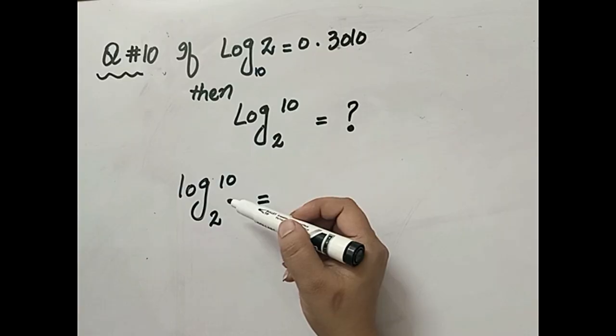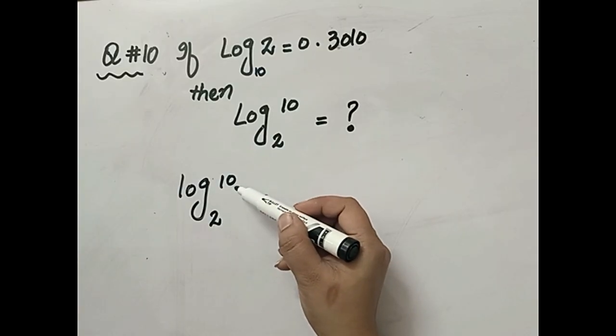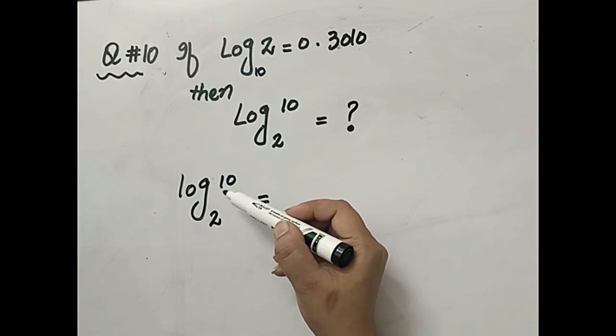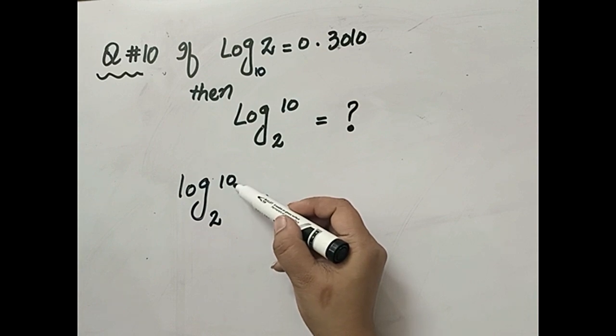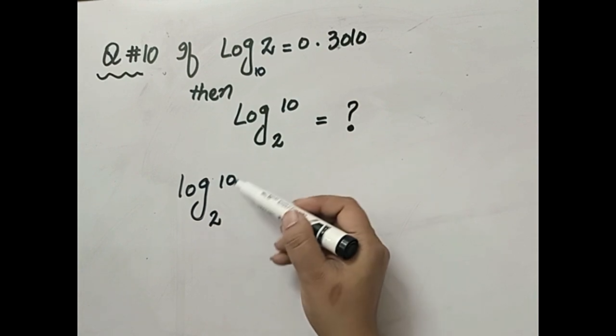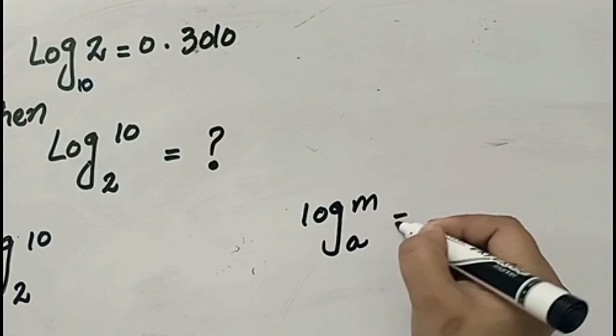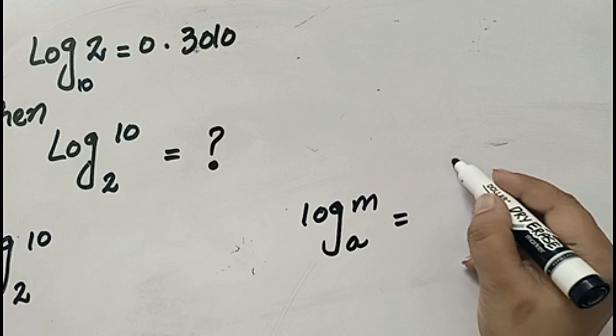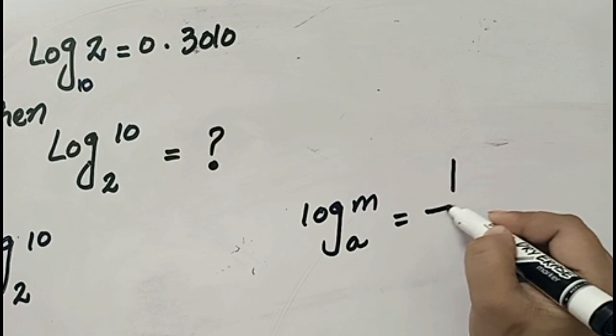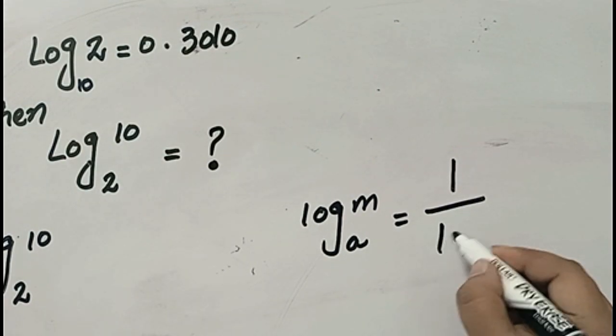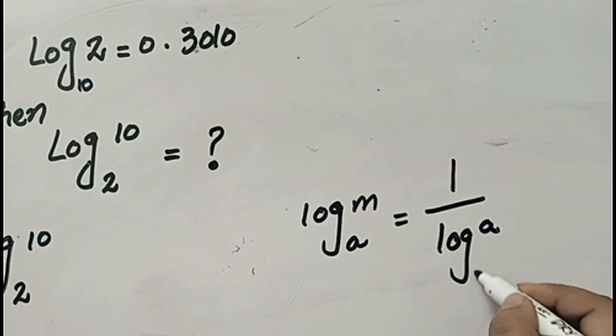So here the most important thing is that when we change base into number or number into base, we interchange base and number. Log m to the base a, we convert that as it is equal to 1 upon log a to the base m.